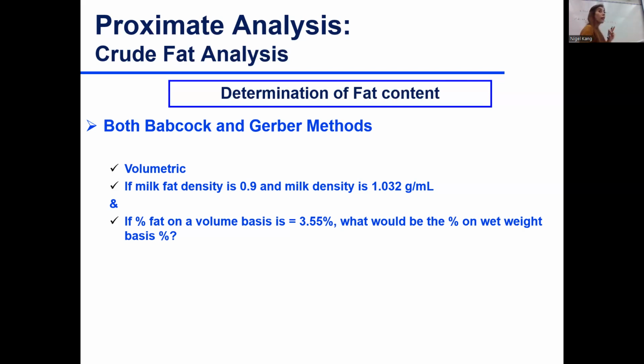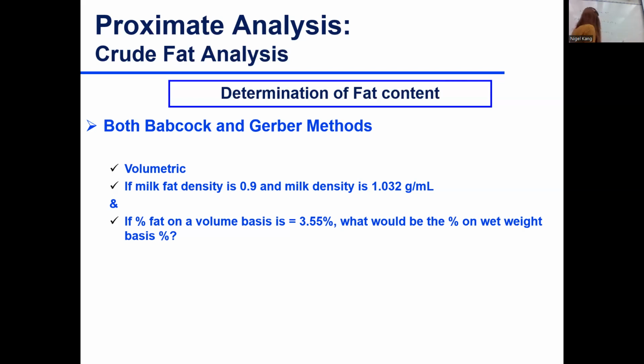Again, you have the density of the milk as well, which is 1.032 gram per ml. And the milk was 100 ml. So this fat content was for 100 ml of milk. What is the mass? It is 103.2 grams.